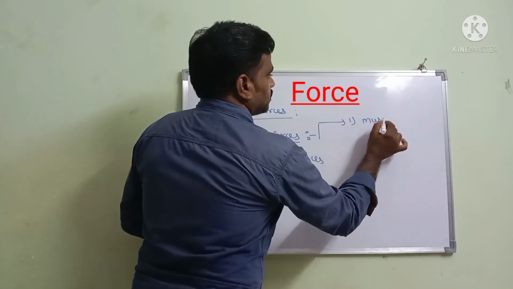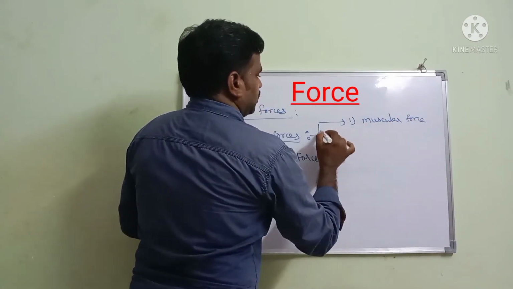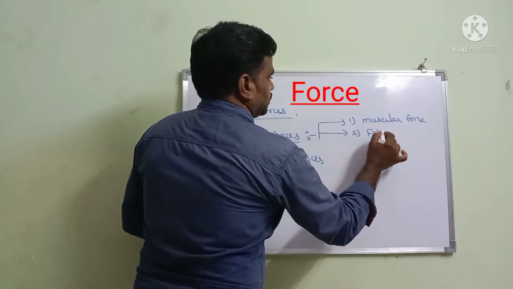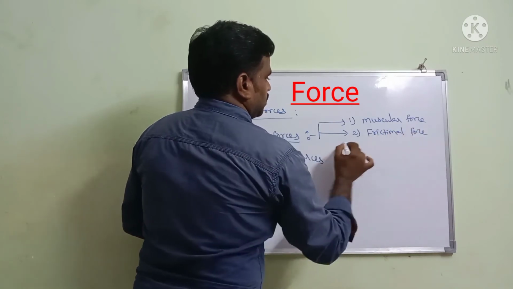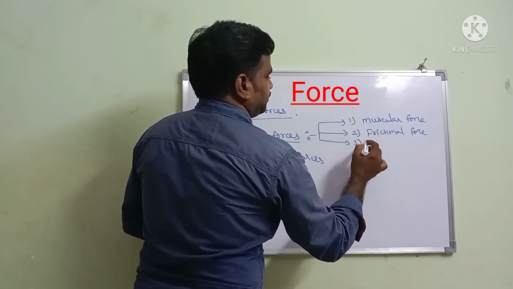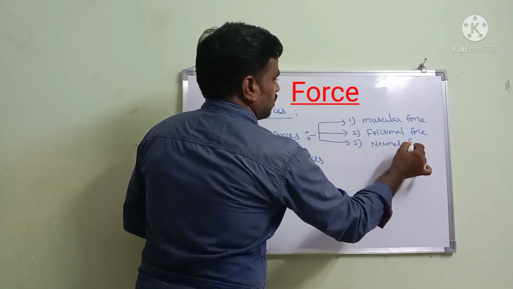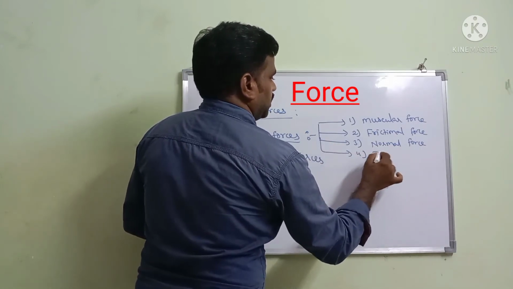the first one is muscular force, the second one is frictional force, third one is normal force, and the fourth one is tension force.